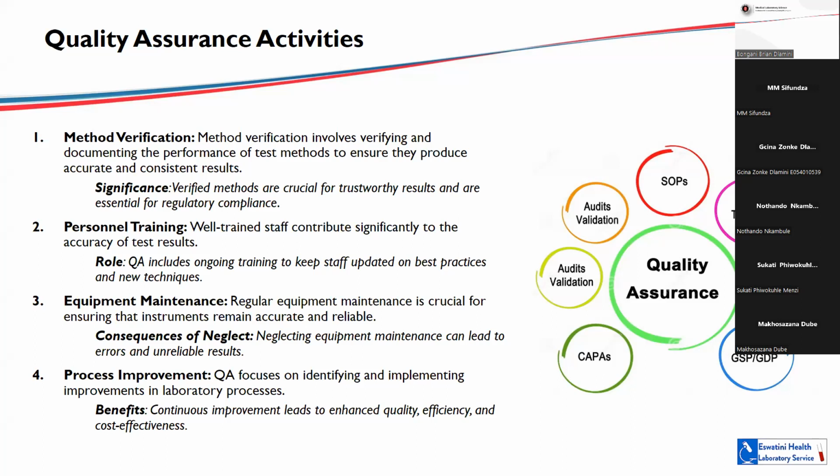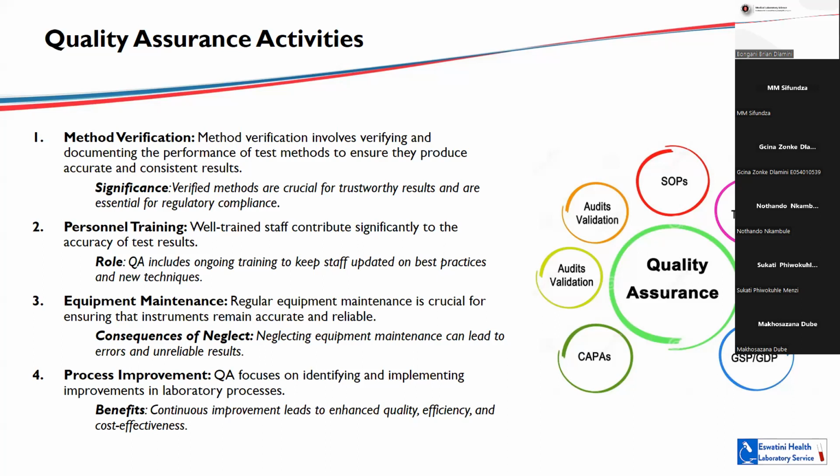The consequences of not doing maintenance on the equipment can lead to errors and unreliable results. Again, it can lead to high costs of servicing or buying parts that may get damaged due to not maintaining the equipment on time.